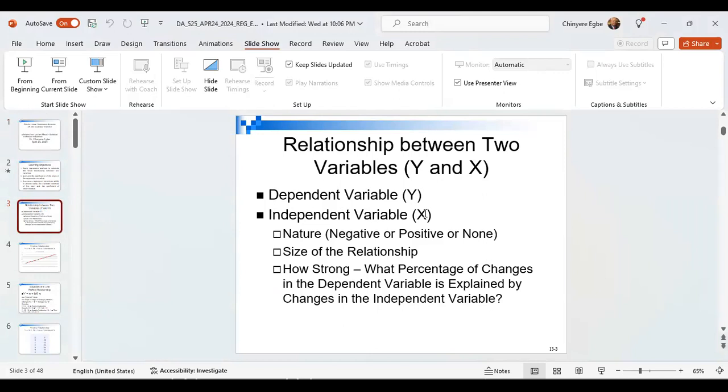That is a dependent variable. The amount of money that the family spends on food could depend on the number of persons in the family. So the number of persons in the family is the independent variable. Our objective is to ask the simple question, what is the nature of the relationship?